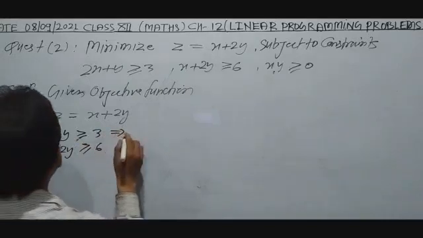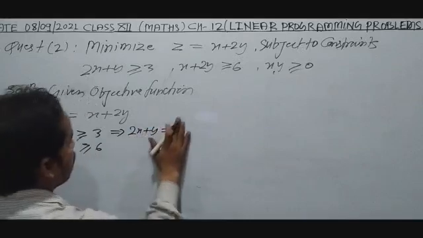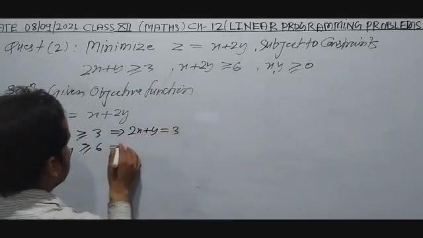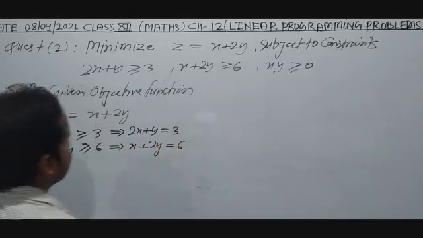So in terms of equations, 2x plus y is equal to 3 and x plus 2y is equal to 6.